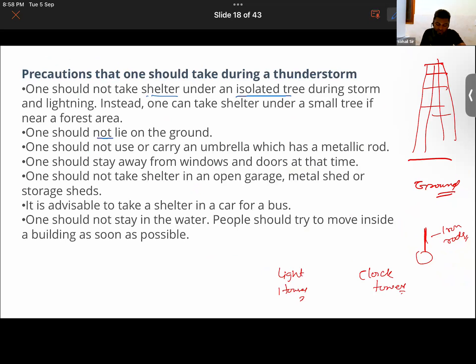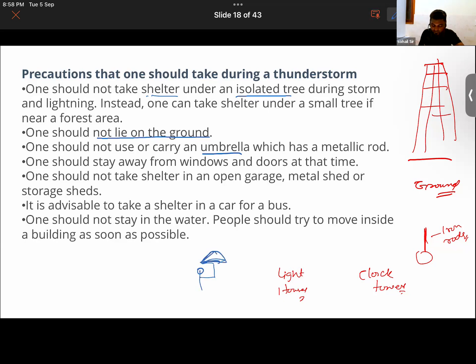So one should not lie on the ground, or be near a water body. One should not carry an umbrella, because it has a metal conductor and its height is slightly more than yours if you are holding it like this.